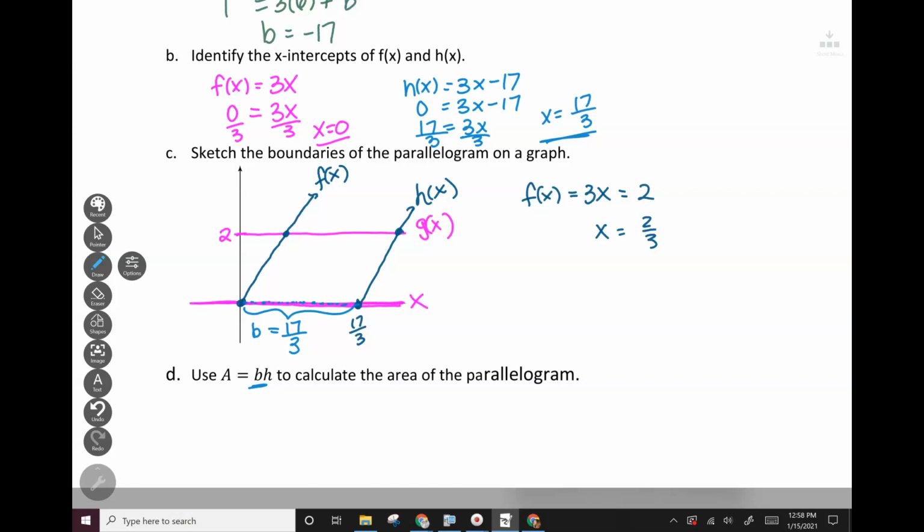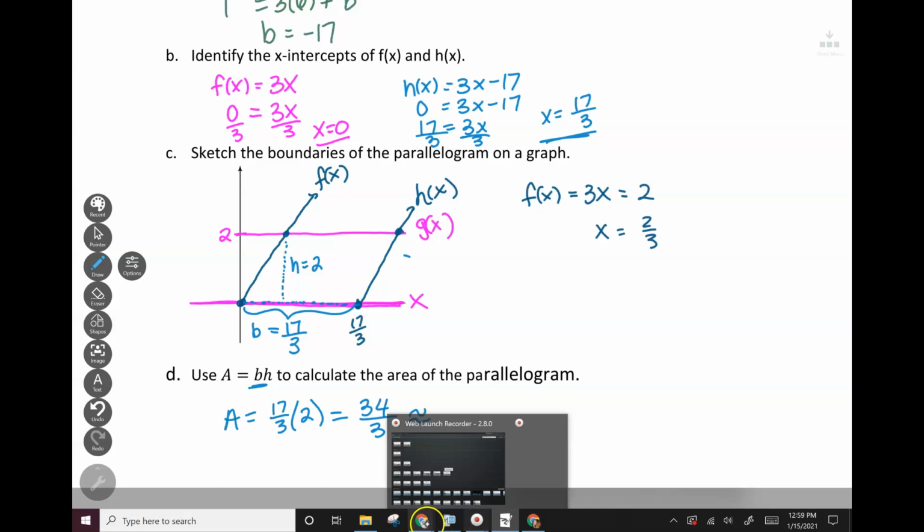And then what about height? Remember, height of a parallelogram is actually the height perpendicular to the base. So it's going to be this here. So that's h equals 2. So now I can do area equals 17/3 times 2 to figure out the area of the parallelogram. Well, that's going to come out to 34/3.